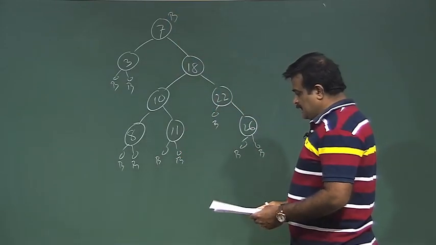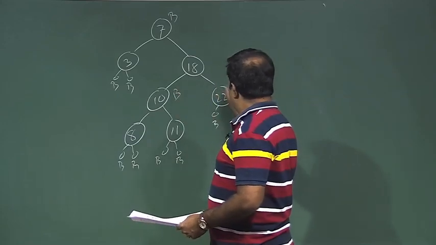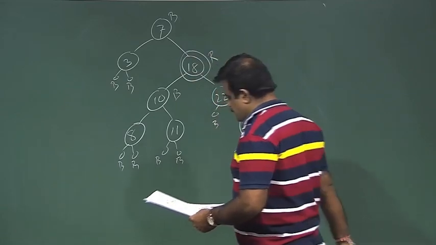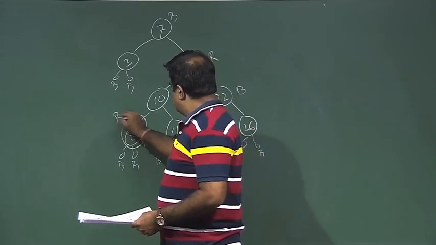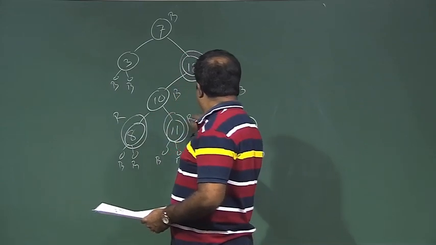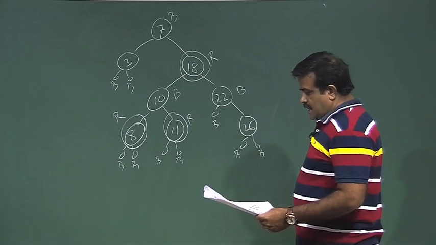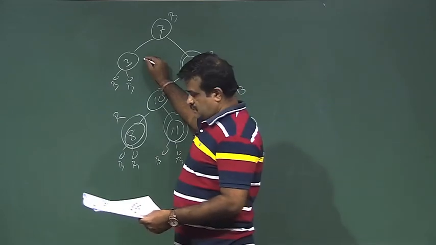Then we have to color the rest. So this we make black, this is black. This we will make red, and this we will make red. And then this is black.